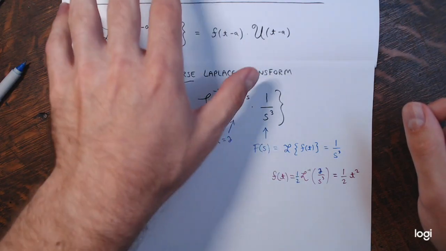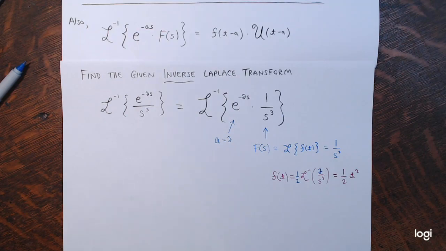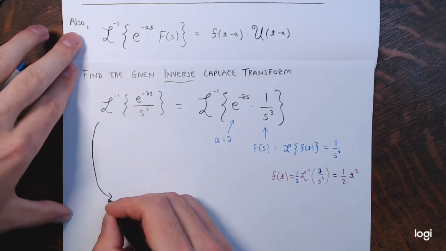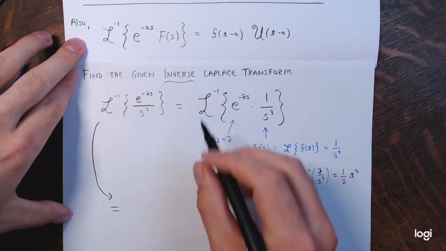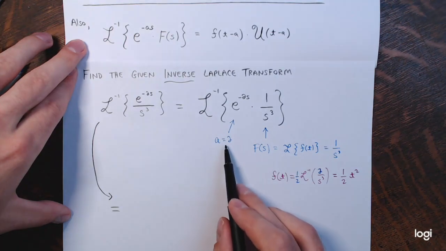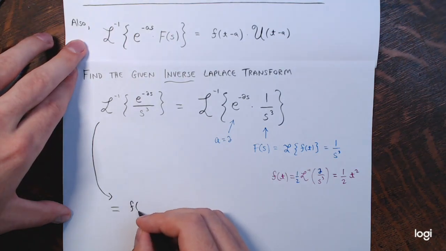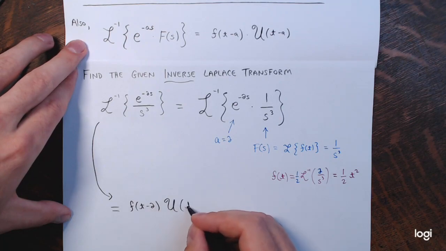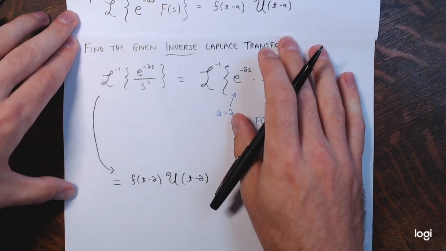All right, and then using our second translation theorem here, this inverse Laplace transform is the following. Little f at t minus a, well that's f at t minus 2, times the unit step function at t minus 2. Well, what was little f?